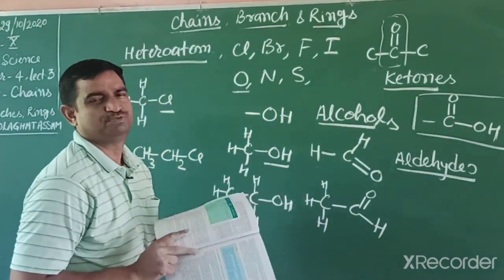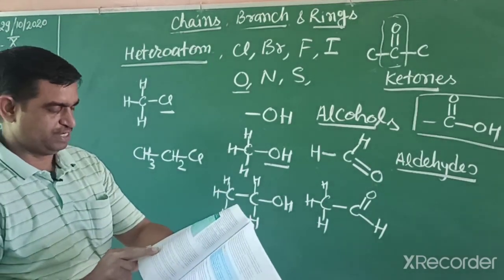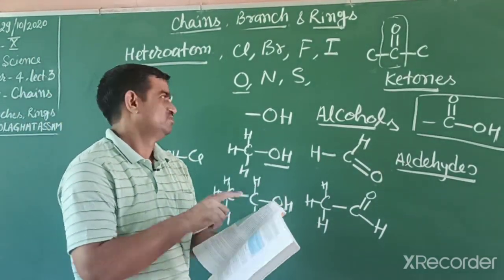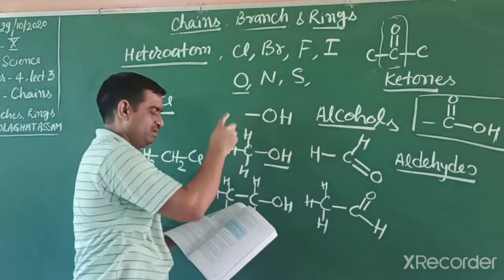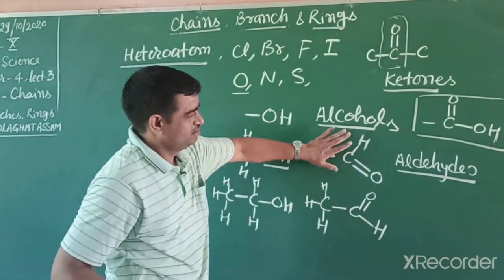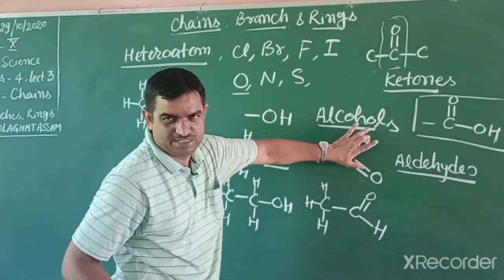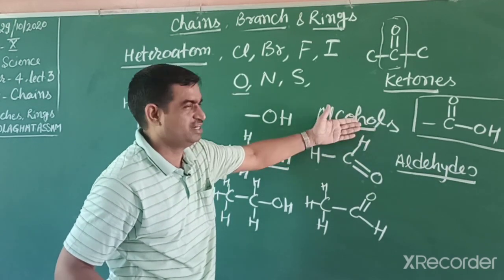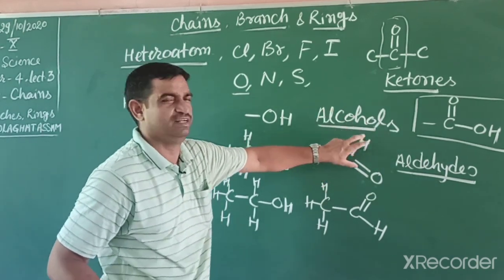All these 4 groups are given in your NCERT book at page number 66. If a single bond is attached, that is alcohol. If C double bond H, either upside or lower side, no problem, that is aldehyde.